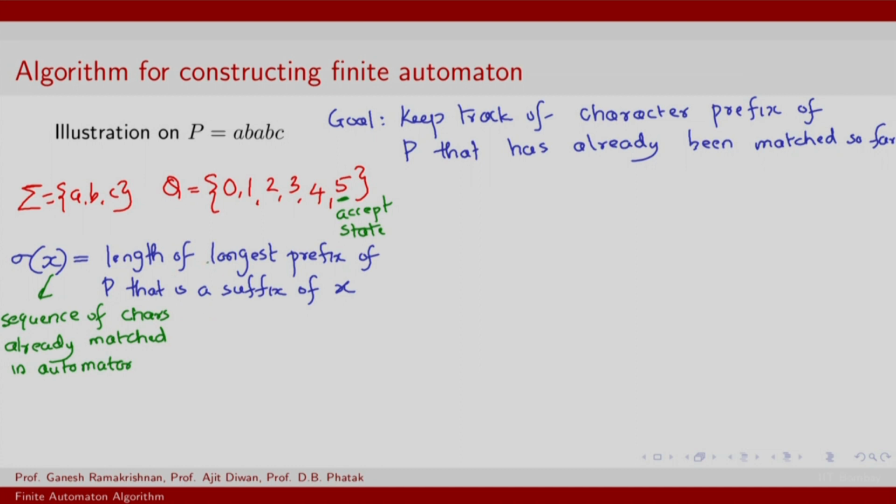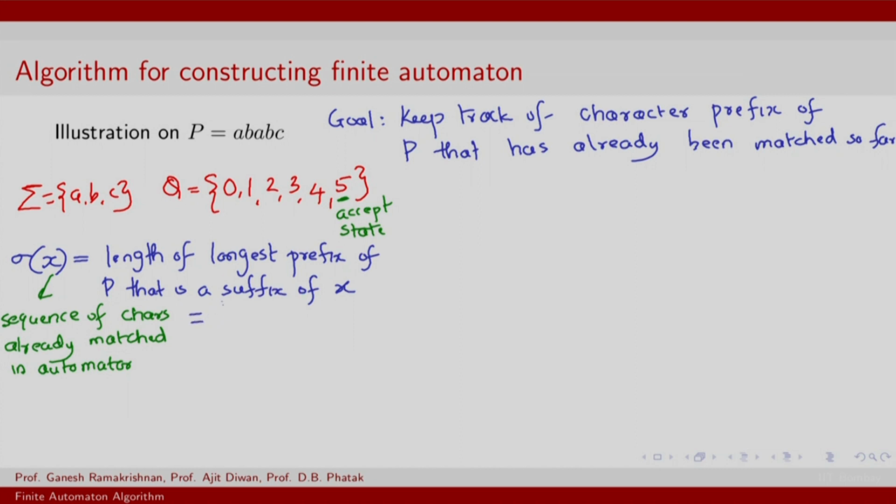So, I would like to look at where to hop back into the automaton so that the prefix of P that is already matched as per the suffix of x is registered or memorized. Let us just complete this definition.